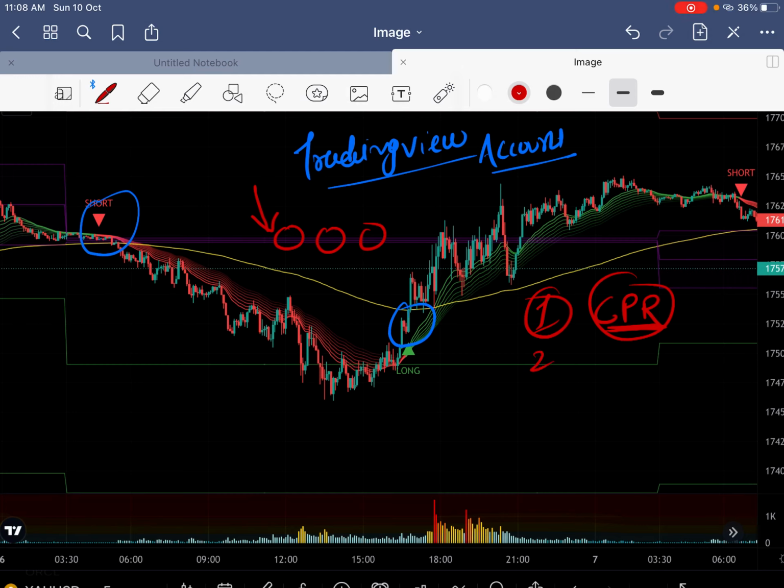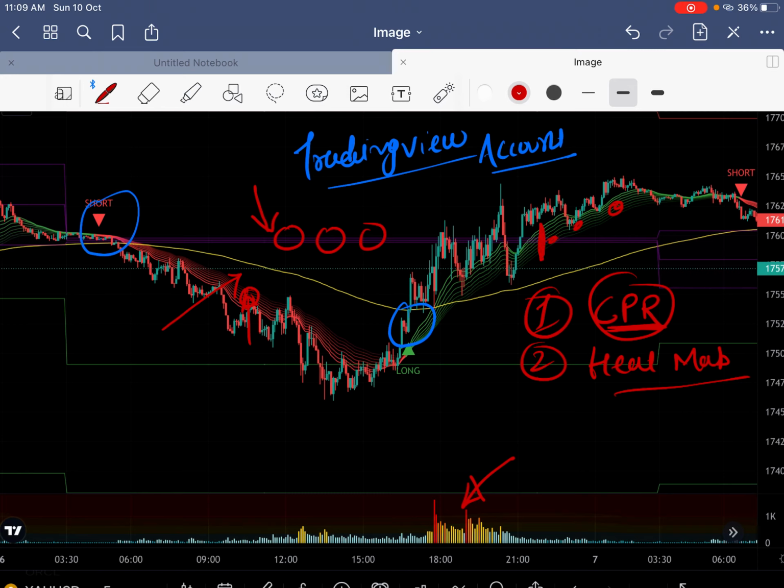The second one that I'm using is the volume heat map, this one. This is a heat map indicator. The third one is the most important, as you can see from here.